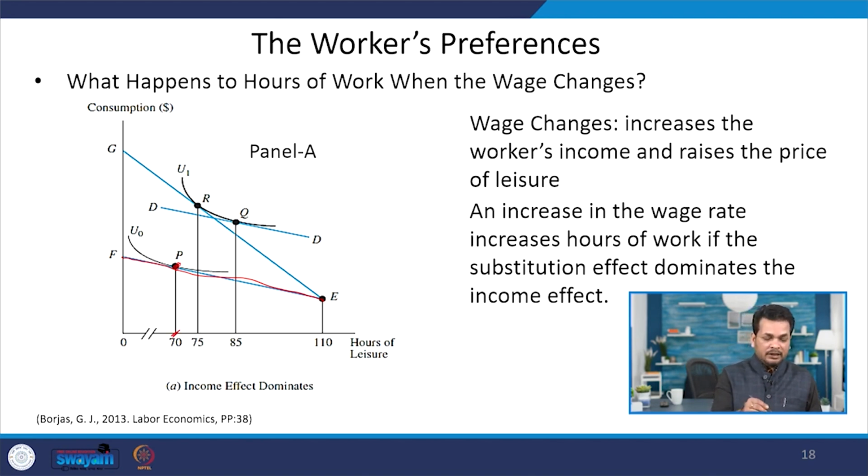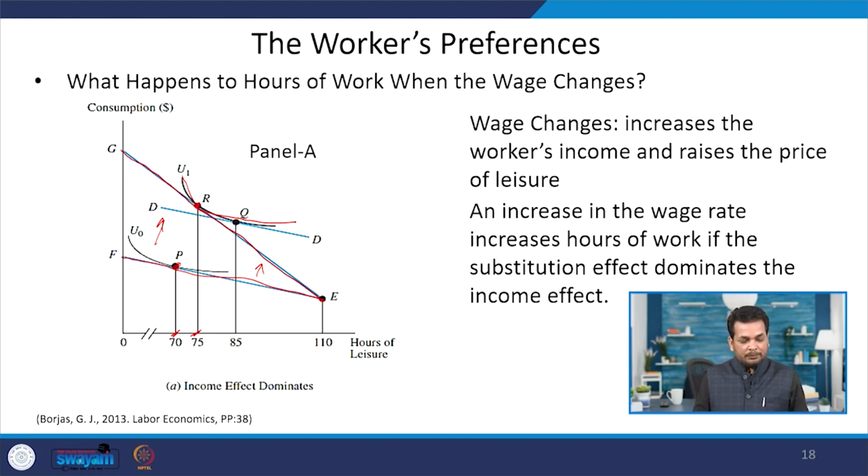Now, the wage rate has increased from 10 to 20, and the worker has a new opportunity set, the budget line has shifted up, which is now GE. The worker is on the utility function U1 at point R, where the equilibrium condition, the utility maximizing condition, is satisfied. Now, the worker is having 75 hours of leisure.